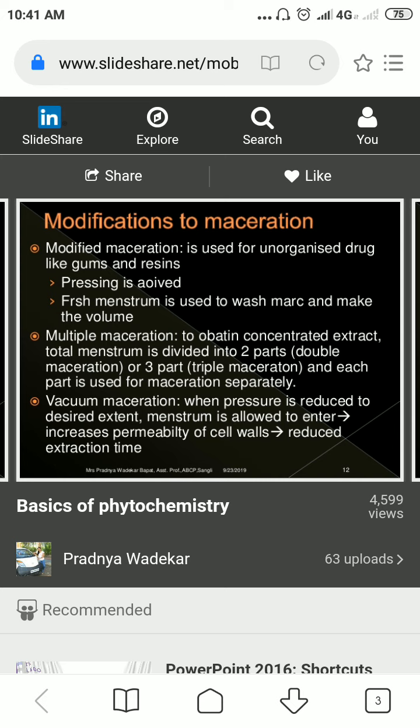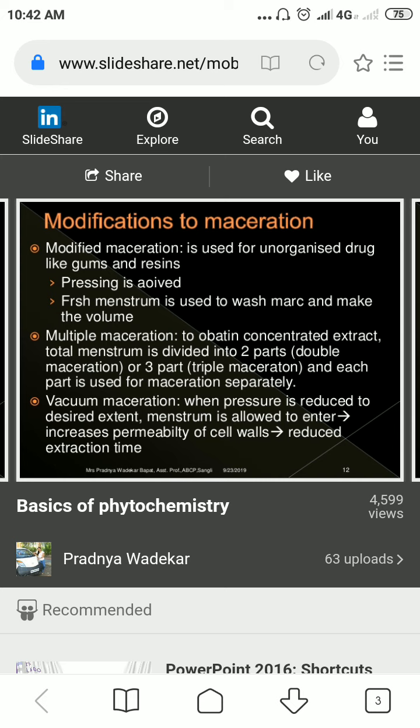Meaning one time you use a particular solvent for extraction, then after filtration you use the same extract for the second part of the marc. So continuously we treat the liquid extract with newer powder. So with a minimum quantity of solvent, we can extract the maximum quantity of powder.